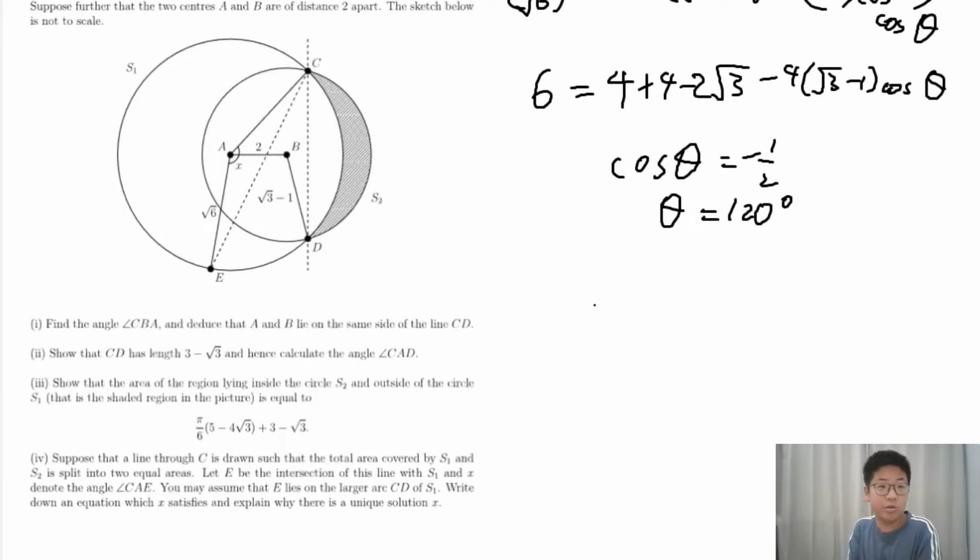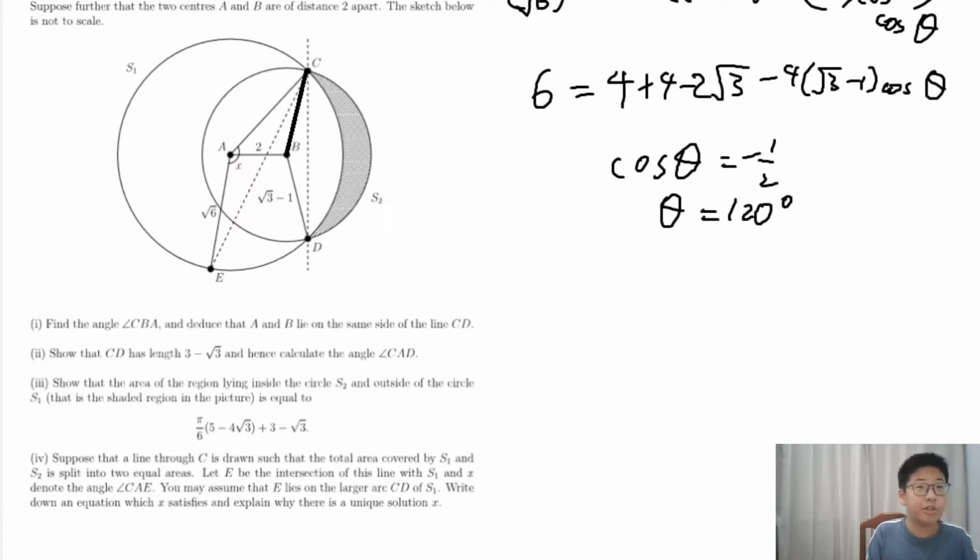And now we're going to use the cosine rule again. Excuse me while I draw a line here. There. This doesn't look exactly like 120 degrees, but you get the point. So now, moving on, we are now going to calculate question 2.